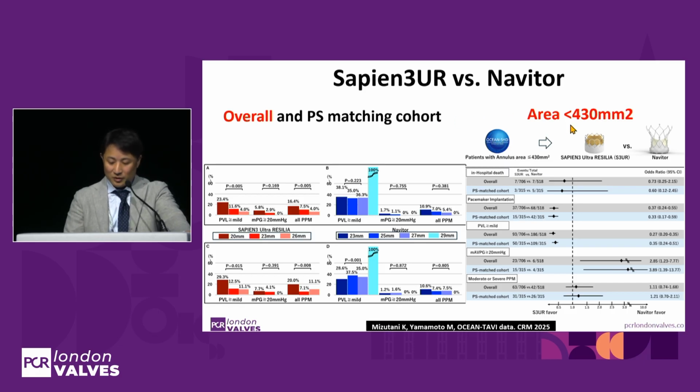And focusing on the area less than 430, that means a small anatomy, the situation is completely the same. Better hemodynamics can be achieved with the self-expandable valve design, but the rates of PPM and pacemaker implantation are significantly higher if we choose a self-expandable valve design.